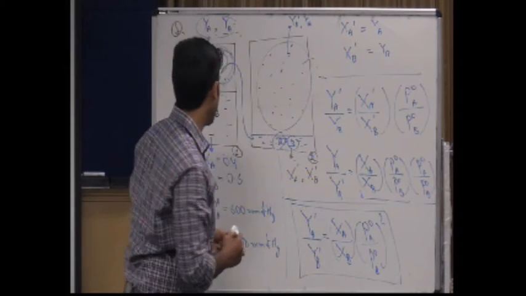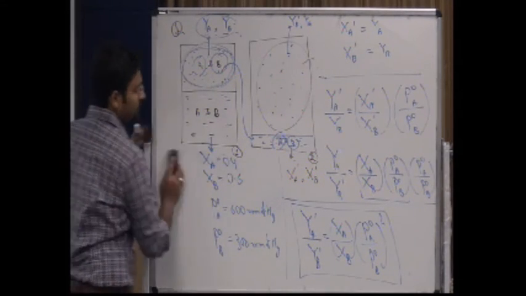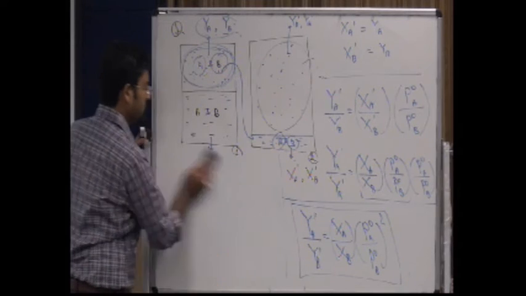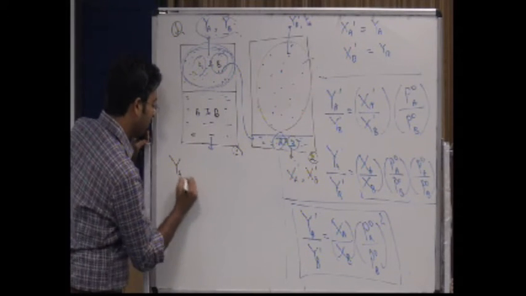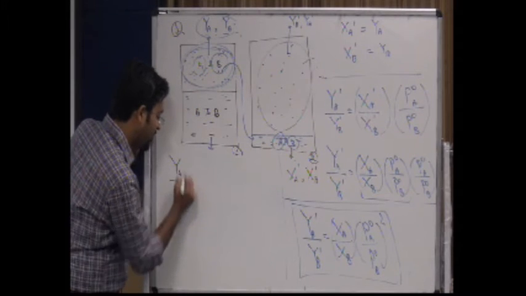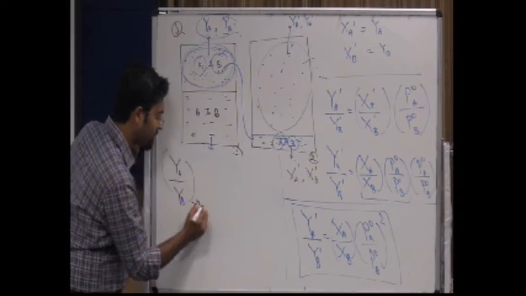And what will be the formula? The formula will be: mole fraction of A and B in vapor phase of nth container.